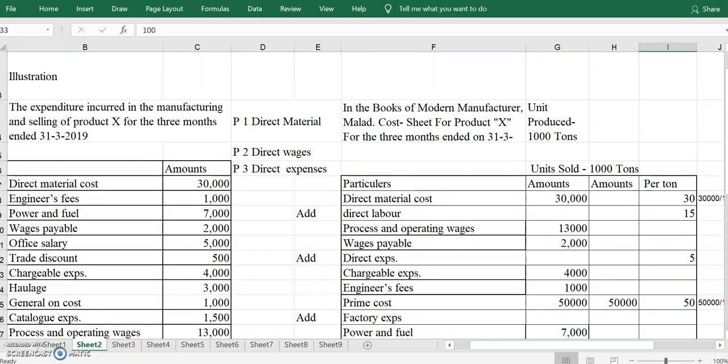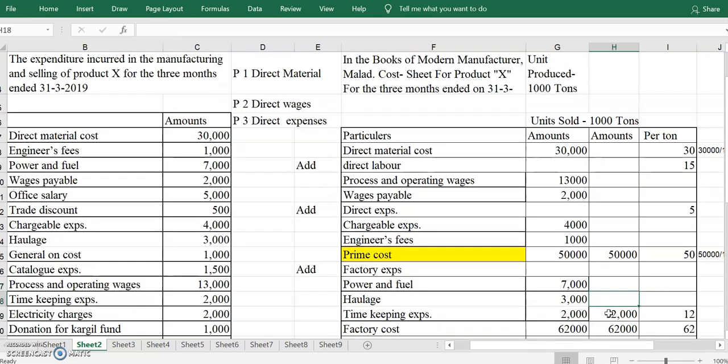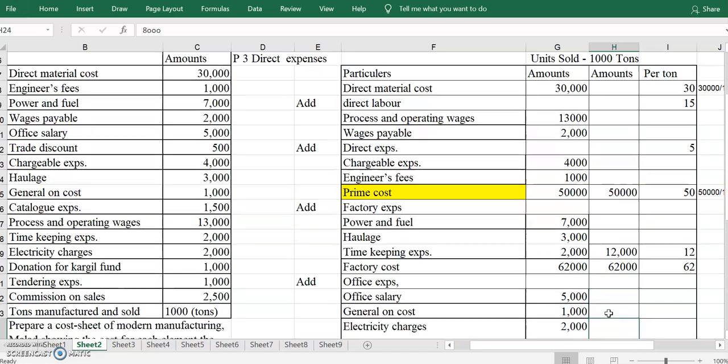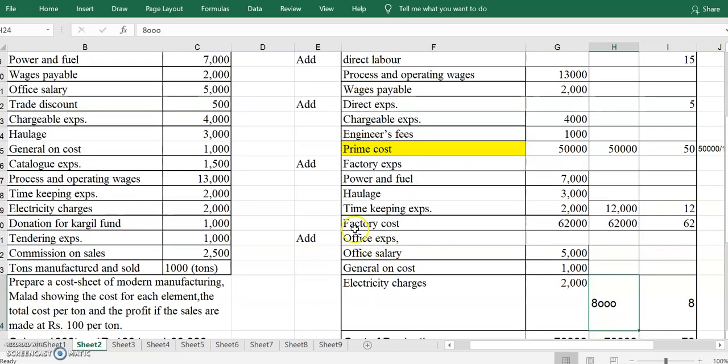You have to calculate first the prime cost. What does prime cost indicate? It constitutes direct material, direct labor and direct expenses. So there are three headings, material, labor and expenses, that become your first heading, prime cost.